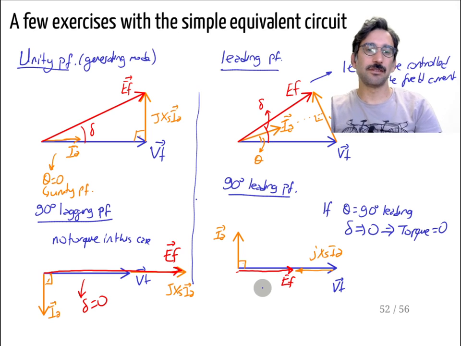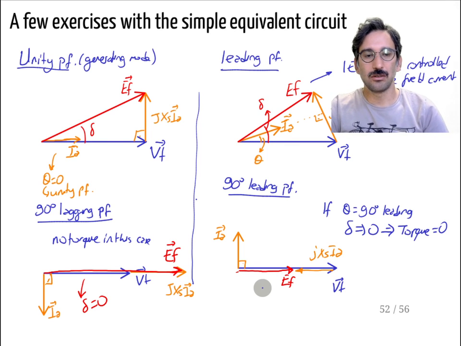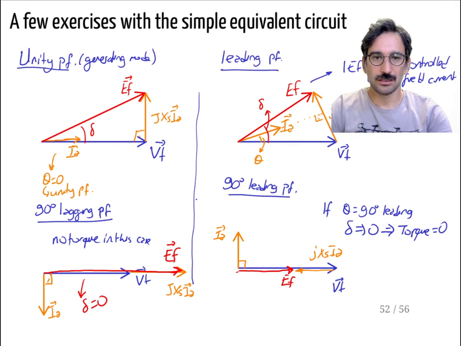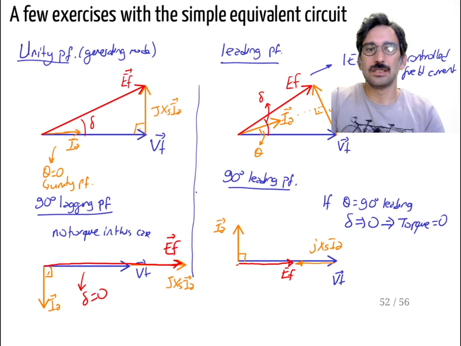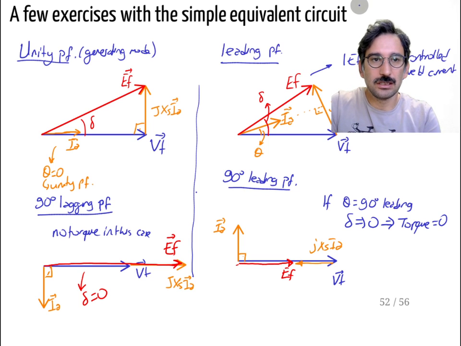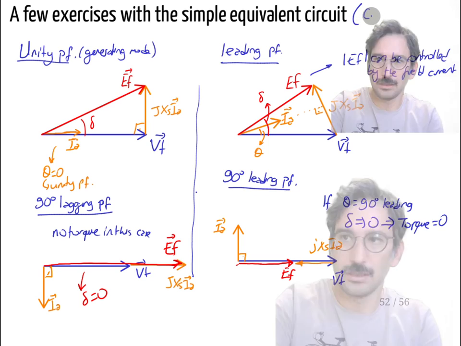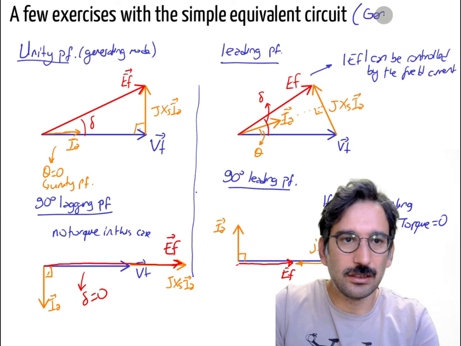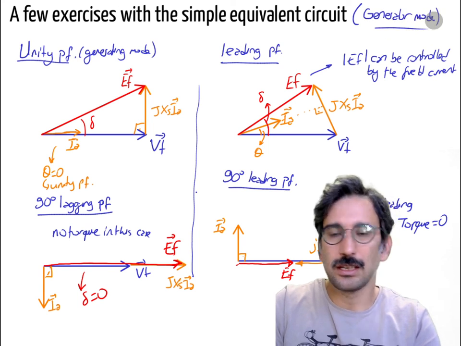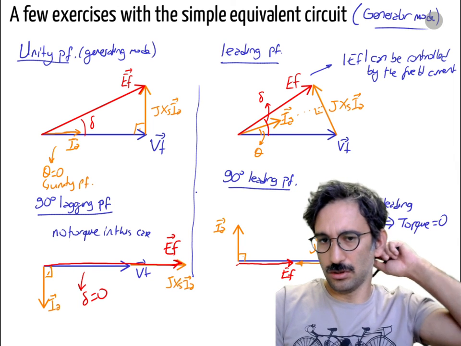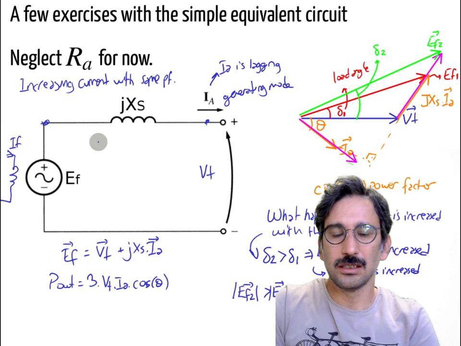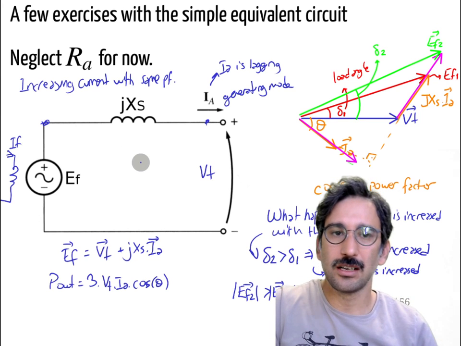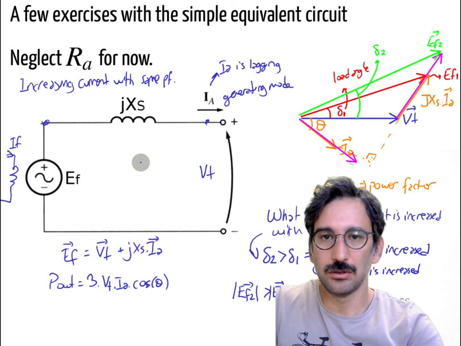With the leading power factor, actually you can control your field flux. So these are the different cases with this simple equivalent circuit in the generator mode, and I will solve some numeric examples as well, so don't worry, but it will be really helpful, at least if you can understand the phasor diagrams, how you can draw the phasors.